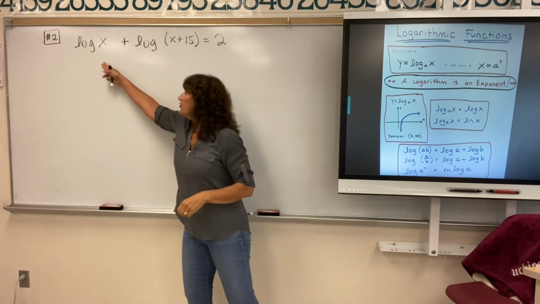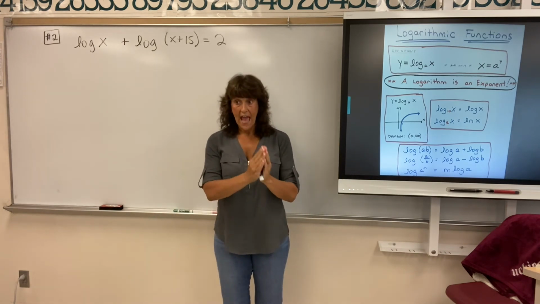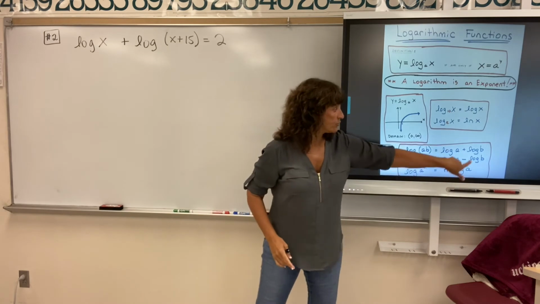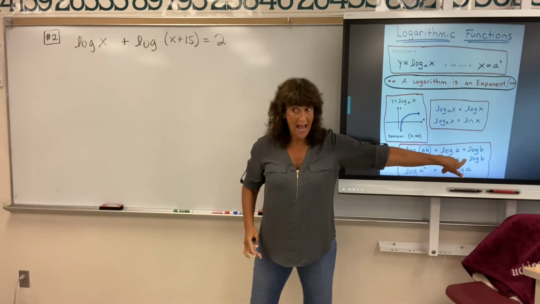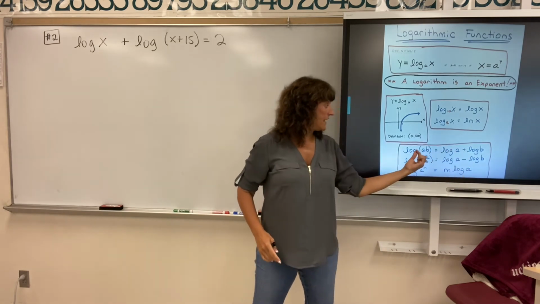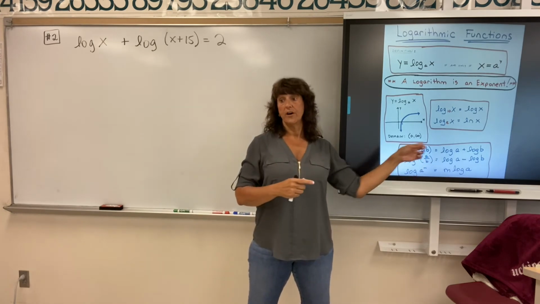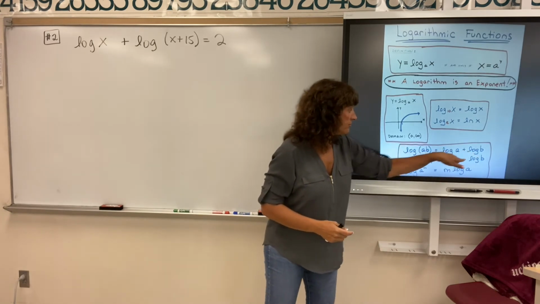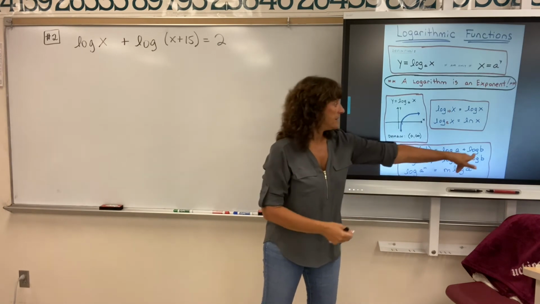Our two logarithmic expressions are being added. When you have two logarithmic expressions being added, we're going to write them as a single logarithm of a product. So you take the two logarithms, write them as one logarithm, and multiply the quantities.